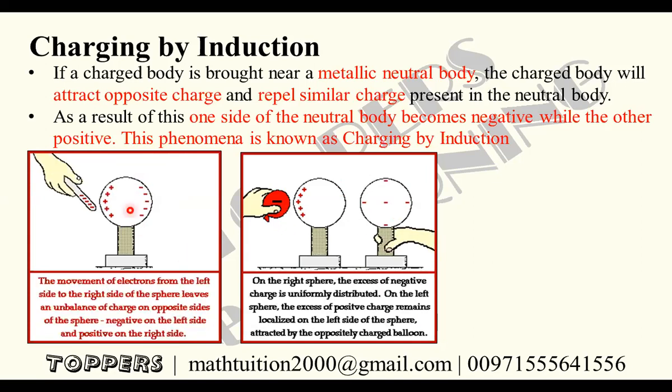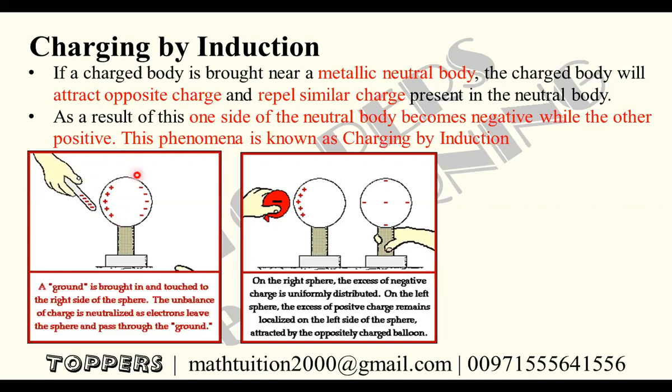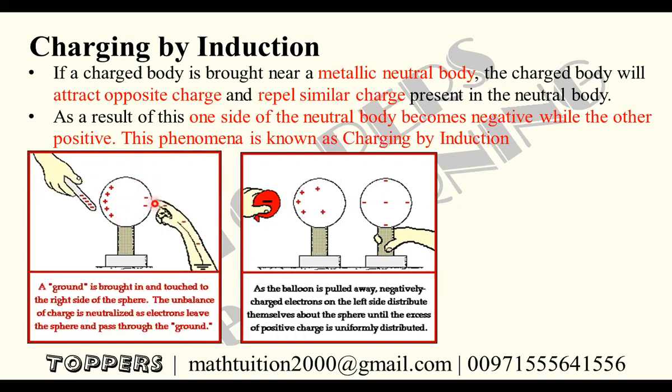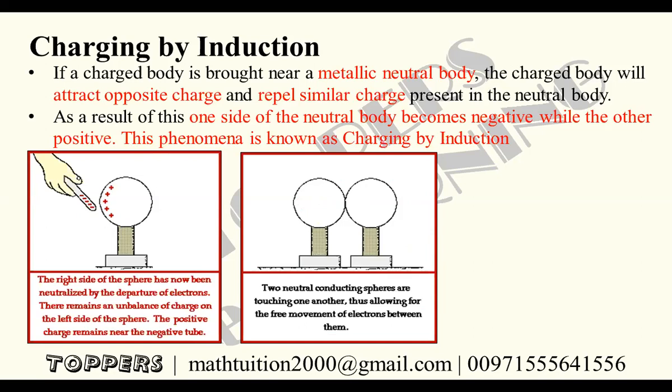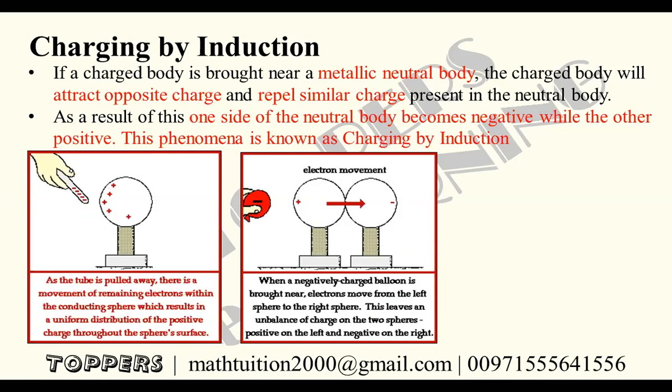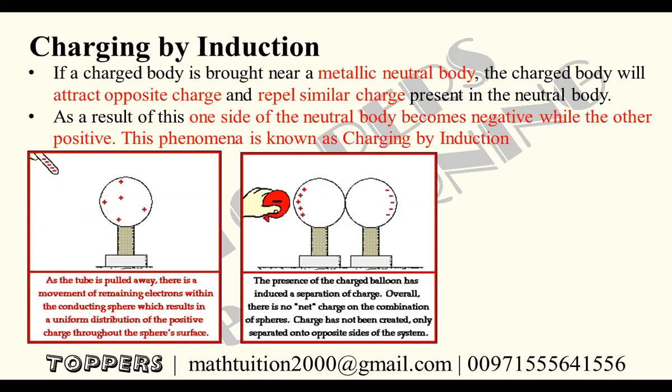So what will happen? The material has a deficiency of electrons. So when we are removing the charged body, which we brought near to this metallic object, what will happen?